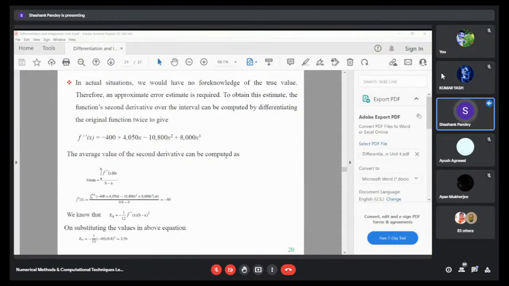If you calculate the average of the second derivative, it comes out to be a value of minus 60, and once you substitute into the formula of approximate error, you will get the value 2.56. So this was a single application of the trapezoidal rule.